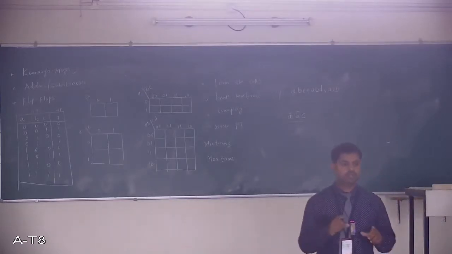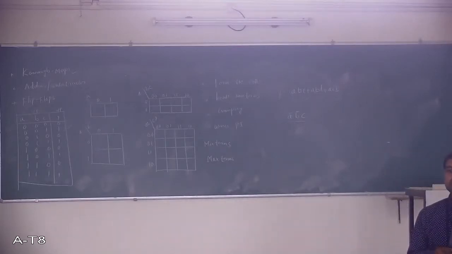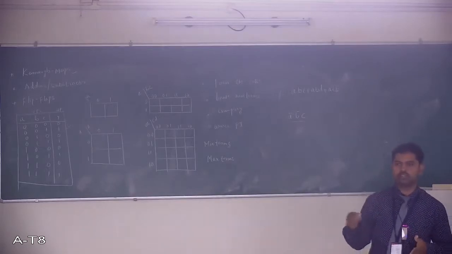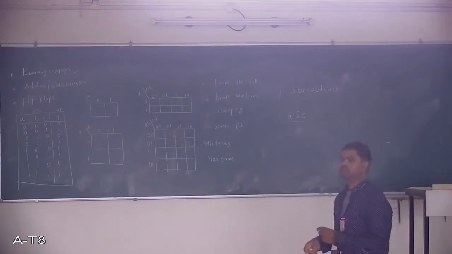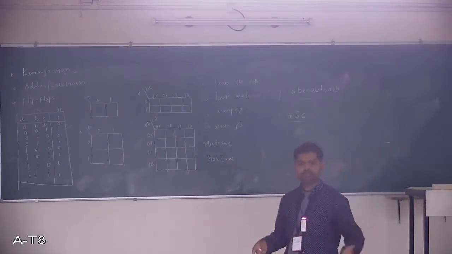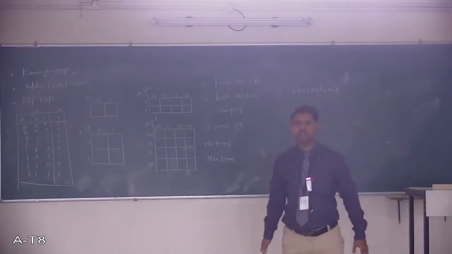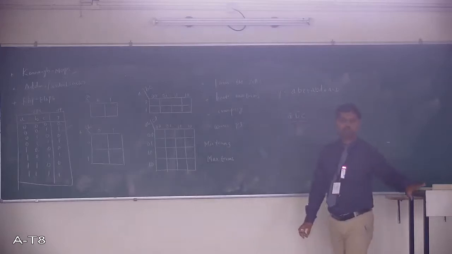It is a graphical approach. You have certain procedures. If you follow those procedures, ultimately you will be with a very simple expression. Apart from K-map, you have many more methods also, which to a certain extent also reduce the complexity of logical expression.